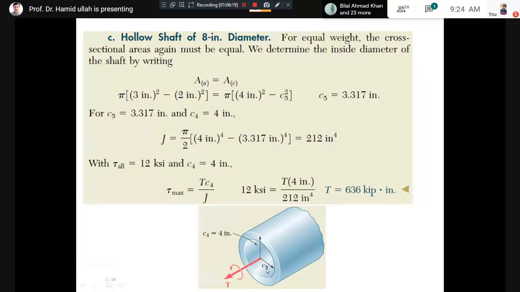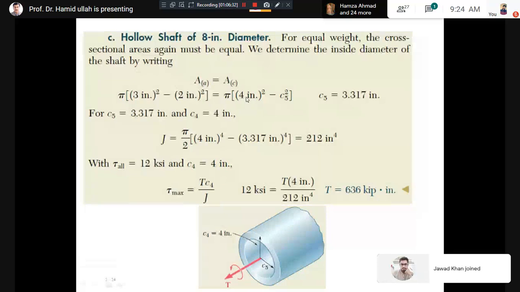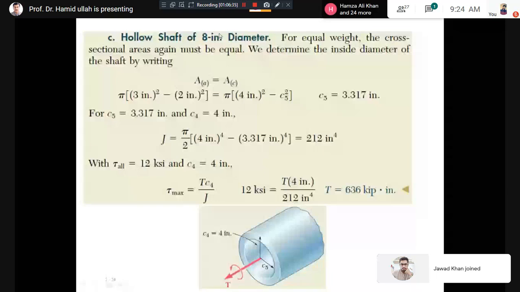The inner is already given as 4 inch, and only the outer changes. You can see the outer diameter is 8 inch, so half will be 4 inch, which will be the radius. The inner is represented by c5, as you can see from the figure.